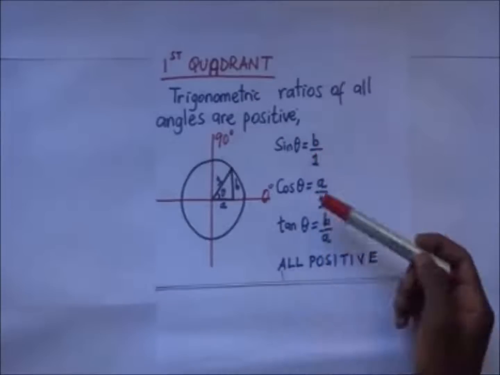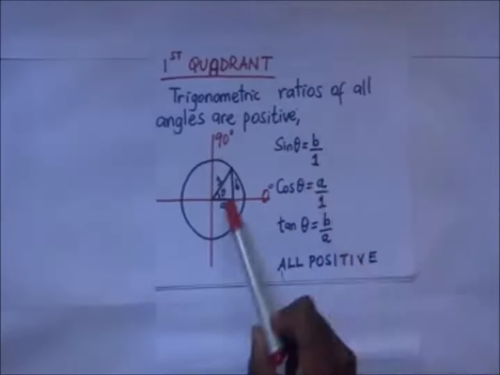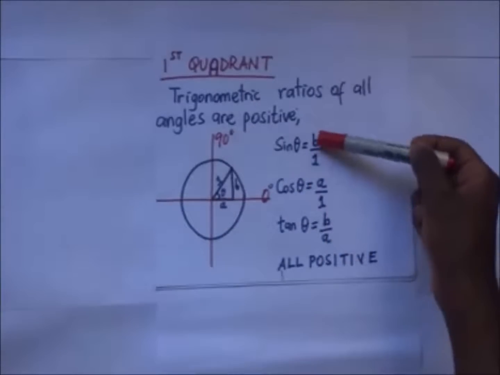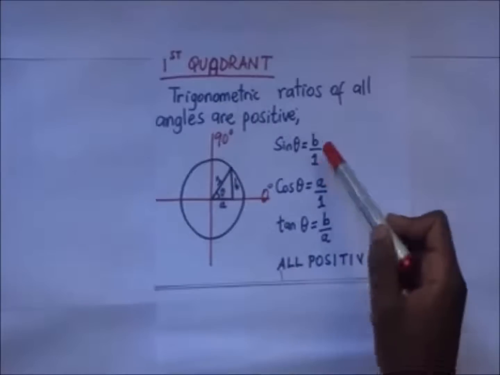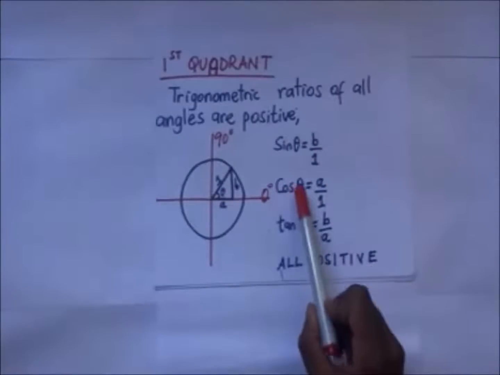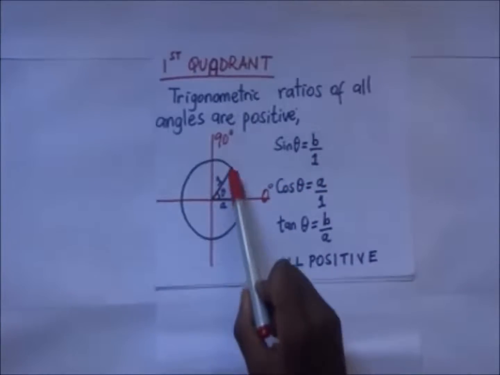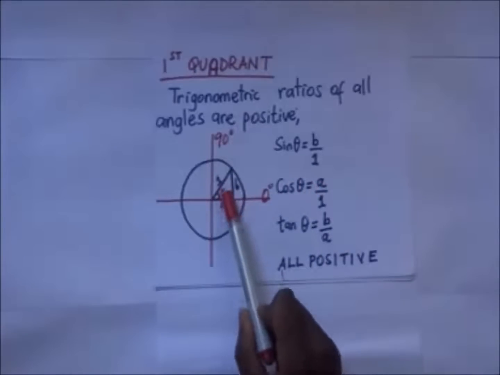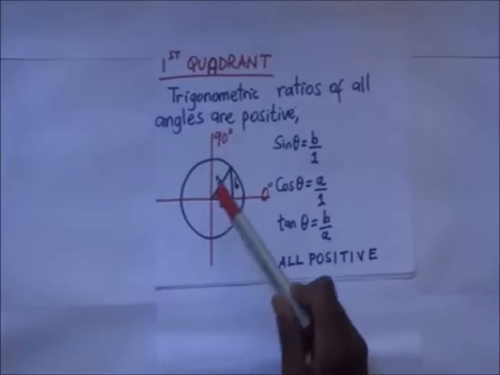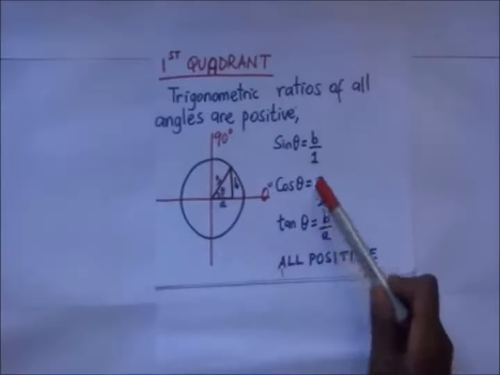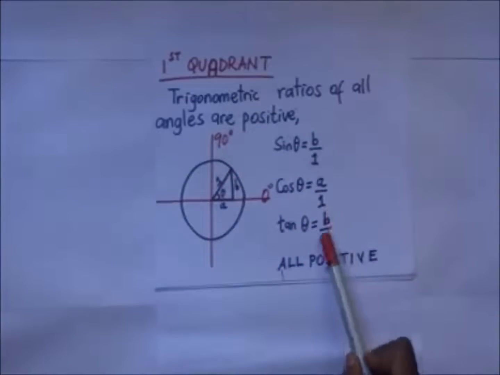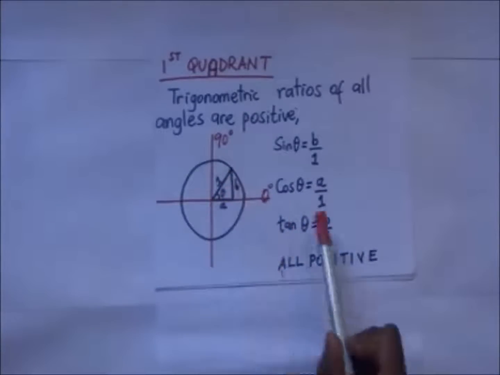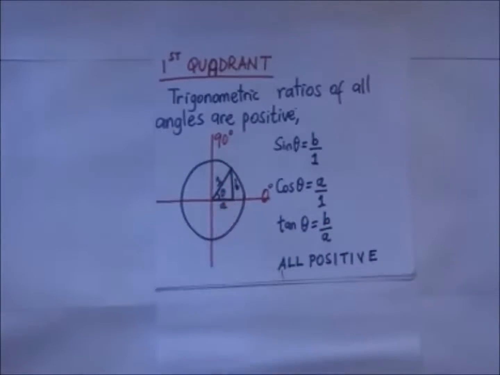All the answers we are getting here are positive answers. The sine of theta is going to be opposite, which is B, over hypotenuse, which is 1, which is a positive answer. The cosine of theta is going to be adjacent, which is A, over hypotenuse, which is 1. And tan is going to be opposite, which is B, over adjacent, which is A. And they are all positive answers.